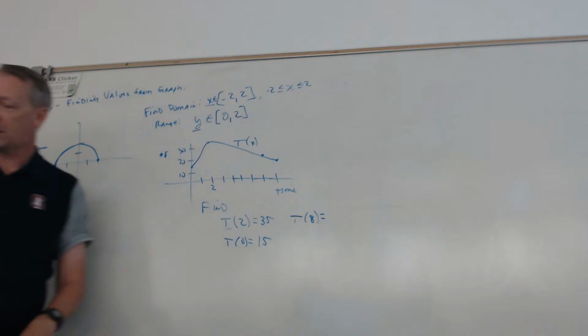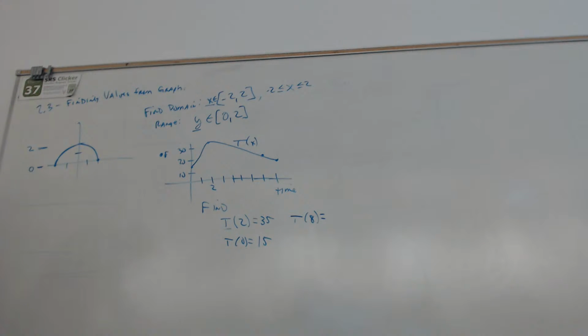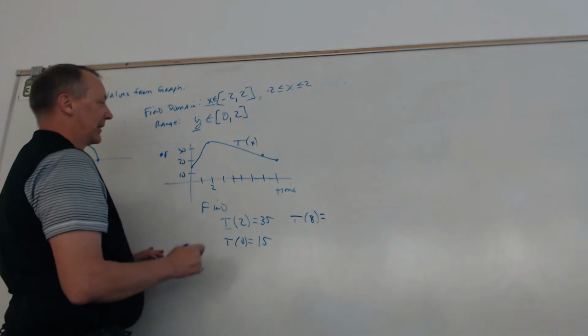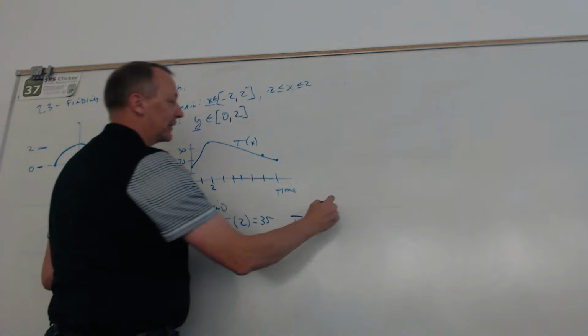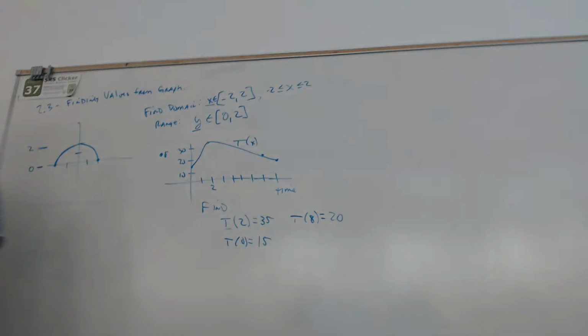I know these are a little bit hard to read. Mallory Washburn, you didn't drop? No. Okay, that's good. Welcome back. So T of 8, I can't tell, is that almost 20? Yeah, that looks good enough. 18-ish. I didn't want to draw this on there.